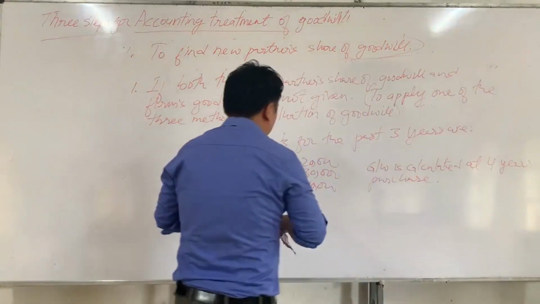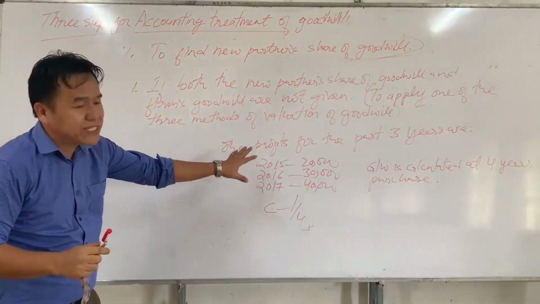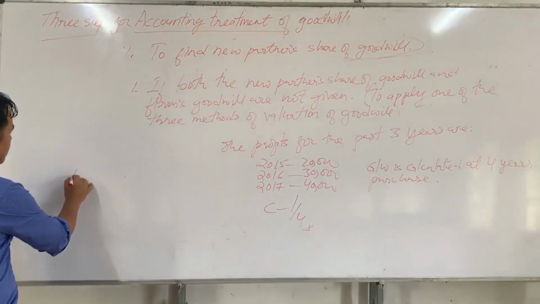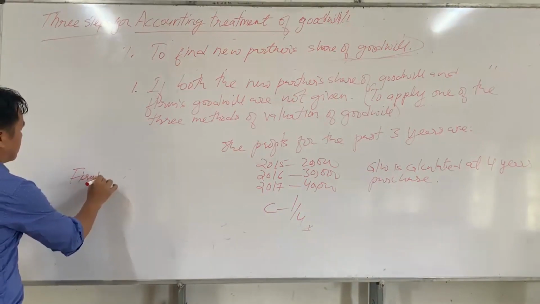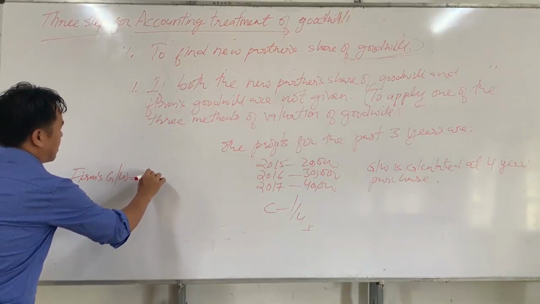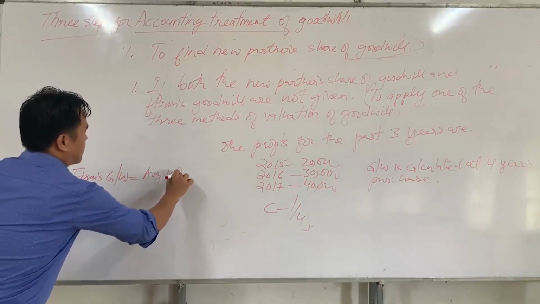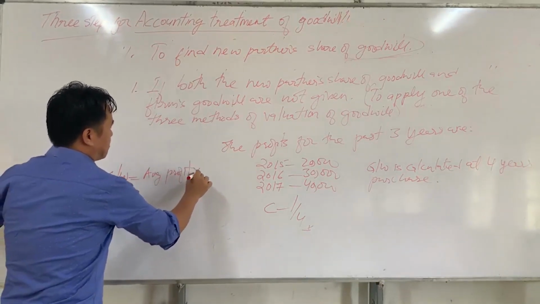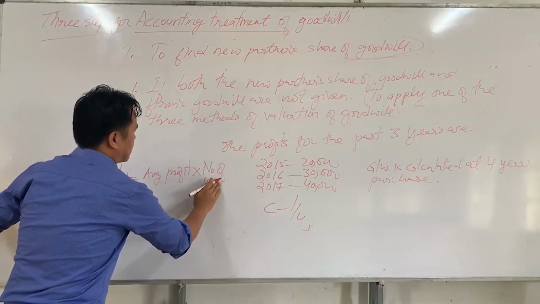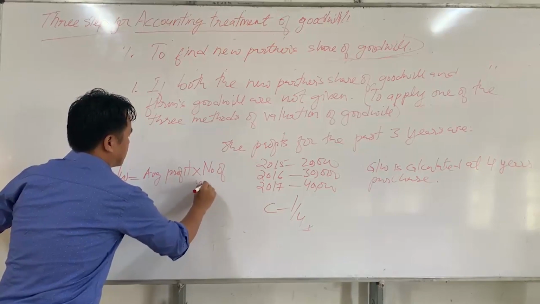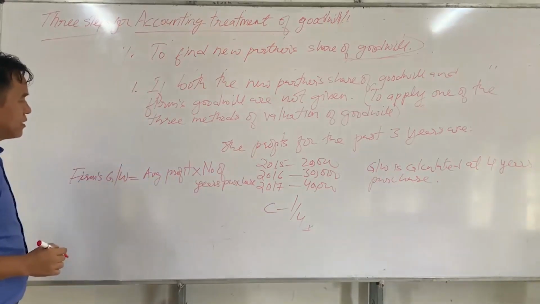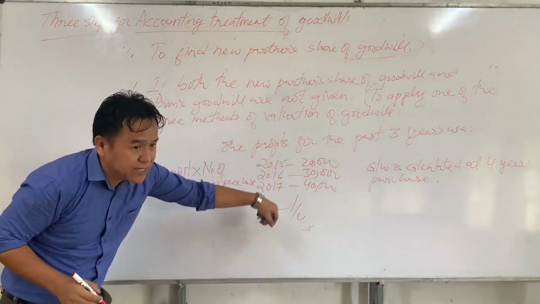Here we are going to find the firm's goodwill by using the average profit method. So what is the formula? Firm's goodwill is equal to average profit multiplied by number of years purchase.